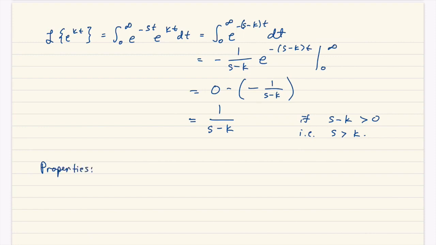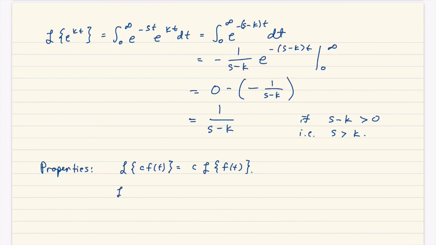Before we do that, we need to talk about some properties of the Laplace transform. We've already seen that if you have a constant times the function in the Laplace transform, you can bring the constant out. We've already proved that.